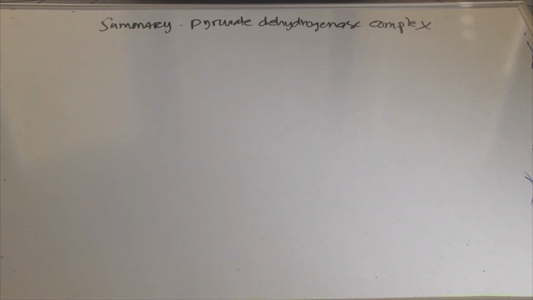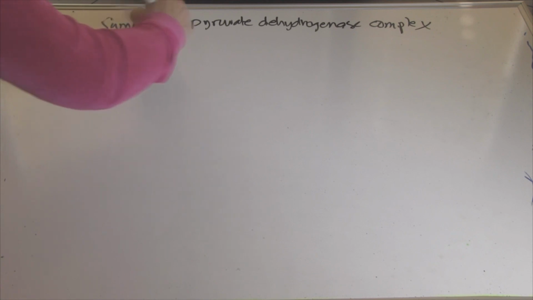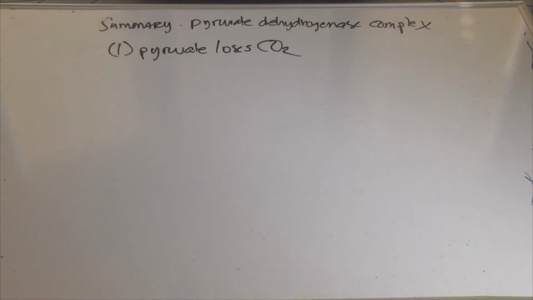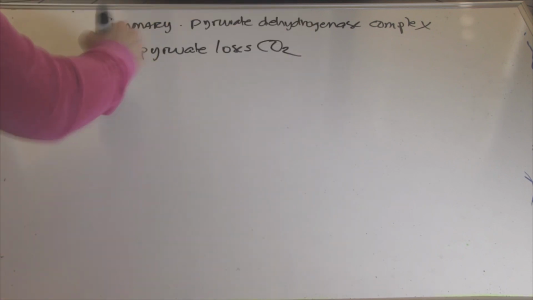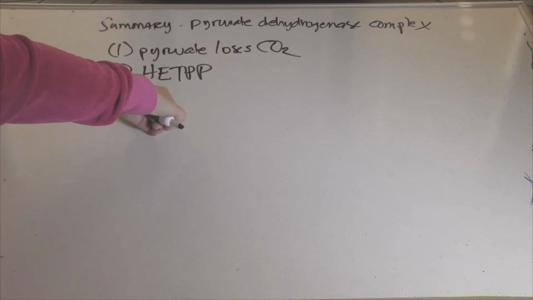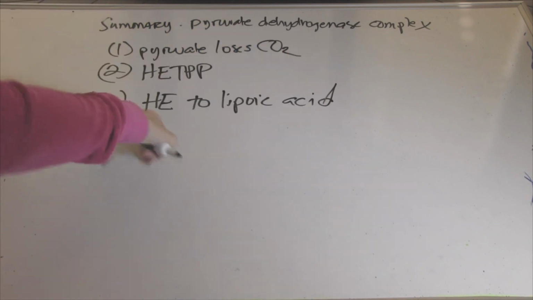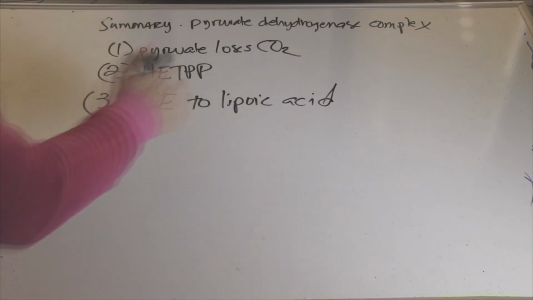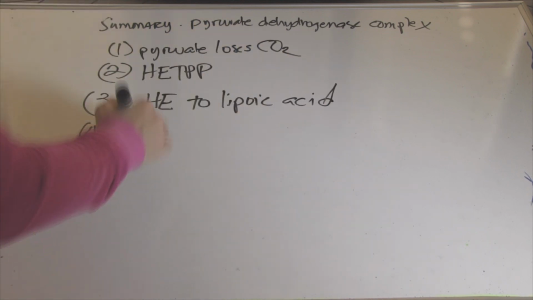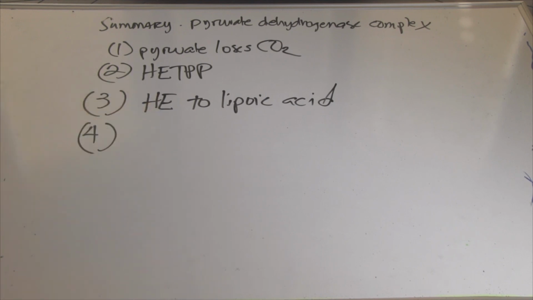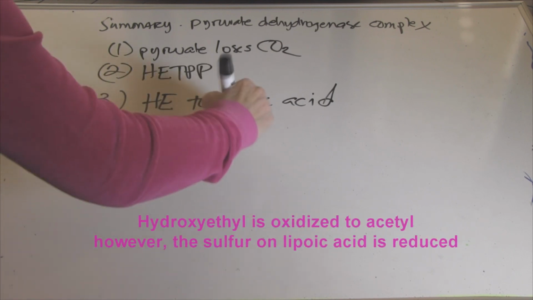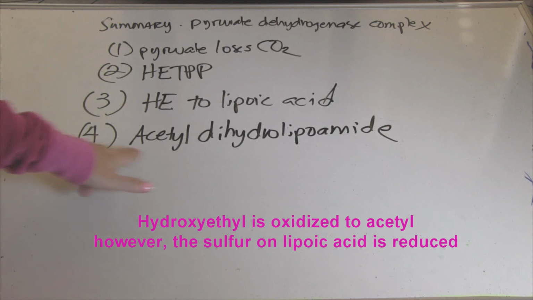A summary of what happens in the pyruvate dehydrogenase complex. It happens in the mitochondrial matrix. Pyruvate loses a CO2. Hydroxyethyl TPP is formed. The hydroxyethyl is transferred to lipoic acid and oxidized to acetyl dihydrolipoamide.